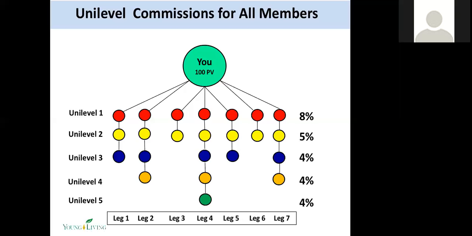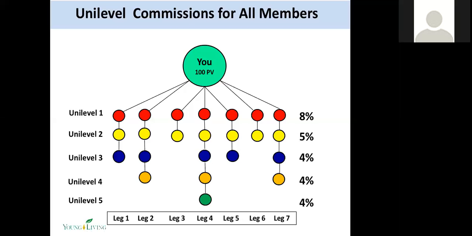Now, the second reason why you really would not want to personally sponsor everyone that you introduce Young Living to is because that is going to be difficult for you to advance in rank.